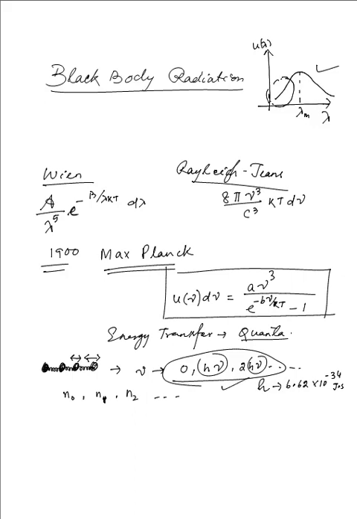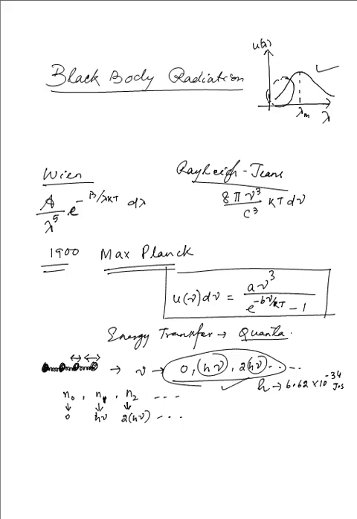The n0 oscillators have the energy 0. Similarly with n1, the corresponding energy is h nu, that is one packet of energy or one quantum of energy. And then n2 are the number of oscillators having the energy 2 times h nu, and so on.